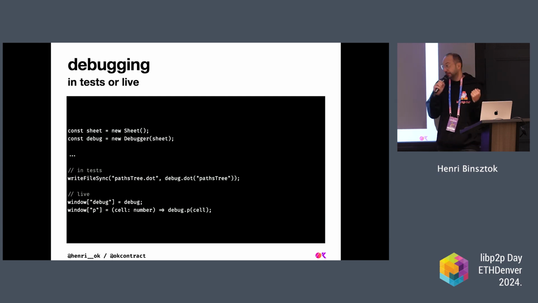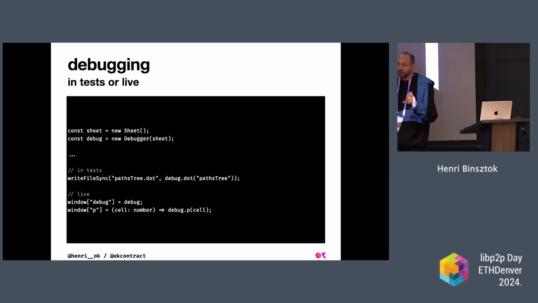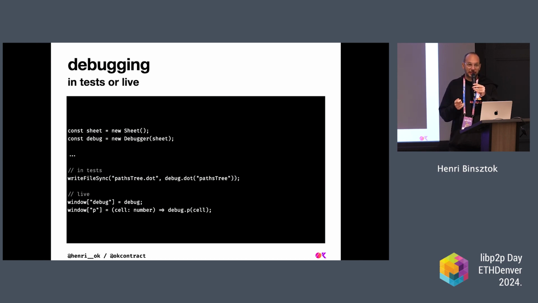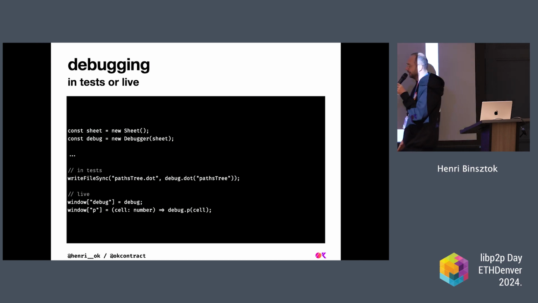This is very useful when building bigger applications. And talking about building bigger applications, one added benefit of this type of programming is debugging. We can create a debugger for a global sheet, and in the next version for proxies as well. For instance, you can generate a graph, viz.graph, like you saw, of that graph. And if you are building something front-end in the browser, you can inject the debugger, which has a lot of commands, like following the path of dependencies at a given time, or printing the value of a cell into the main console of your browser.